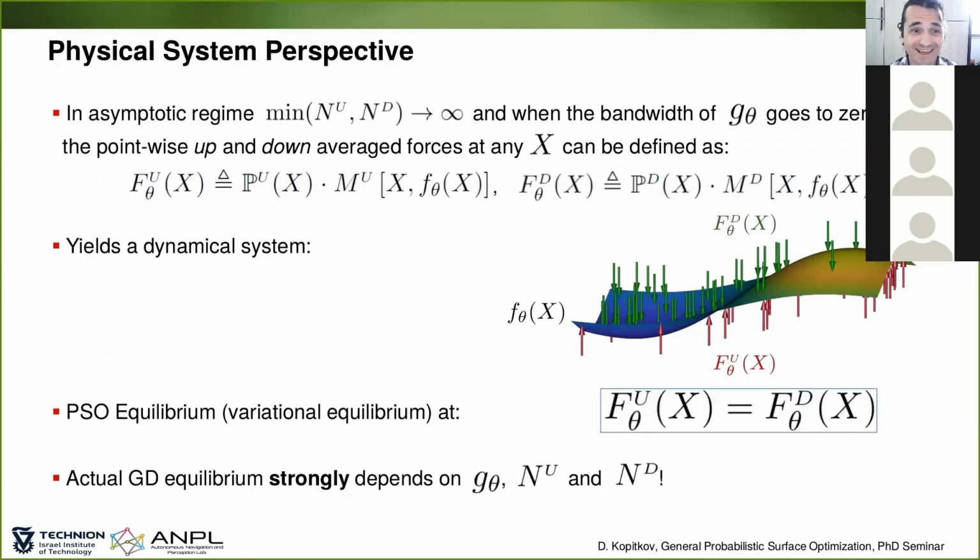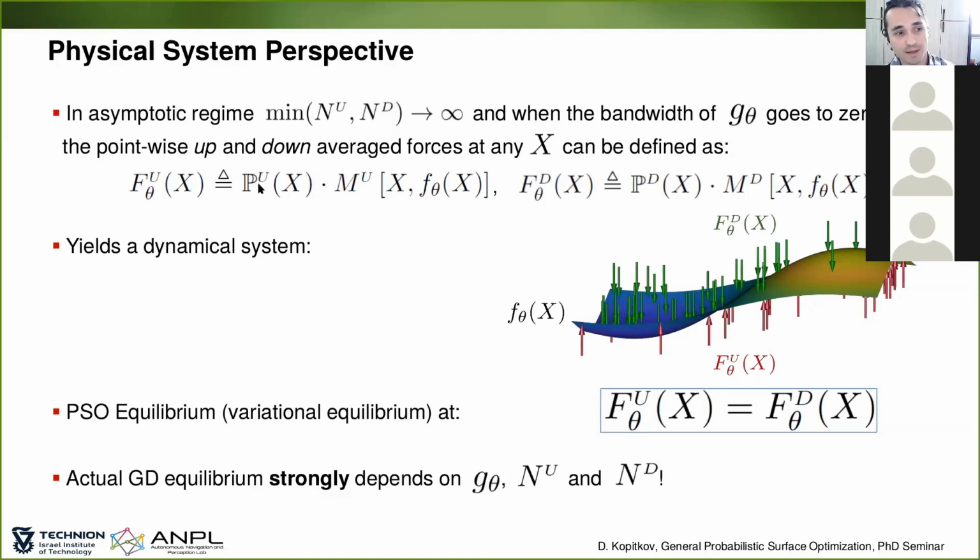Next, if we take two specific limits, then we will recover our variational equilibrium. That is, if we consider that we have infinitely many data points and the bandwidth of the model kernel is infinitely small, namely it is a delta function, then we can think that on our surface we apply at any point many pushes up and many pushes down, and the forces up and down can be expressed via these equations here.